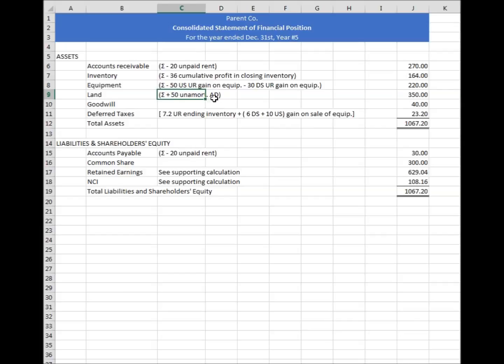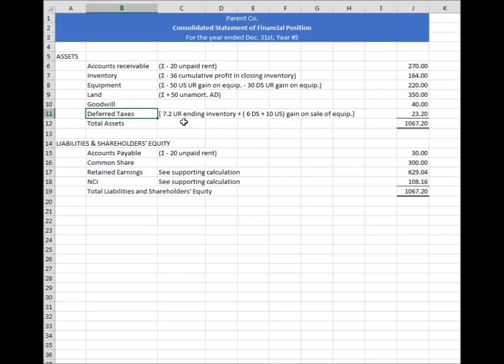The reason why we're doing this over here is because our land was actually appraised higher, and we're not amortizing any of it. So we're adding it to reflect its amount over here. And our goodwill, as we calculated, and our deferred taxes.